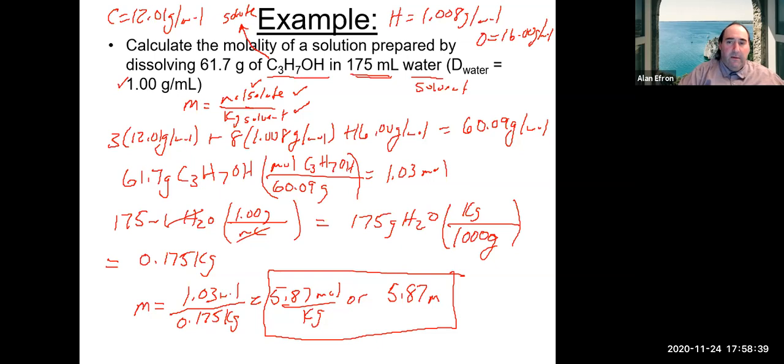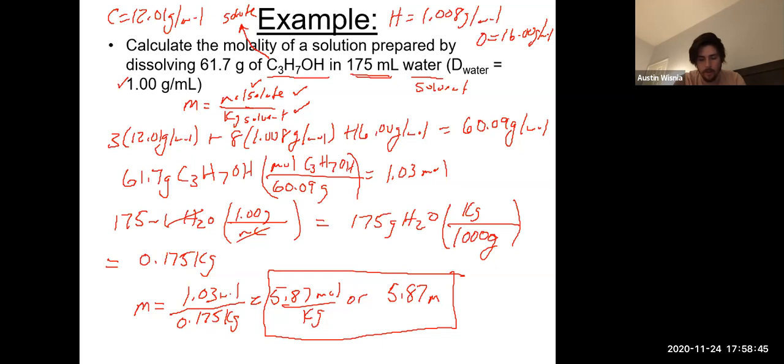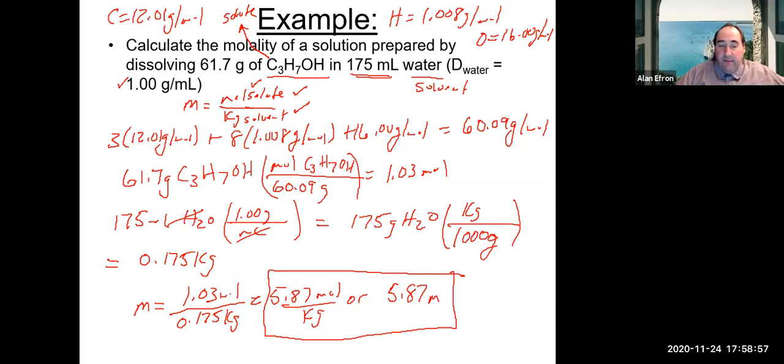Question on molality. Why do we not add the grams of the C3H7OH to the grams of water as the solvent? Yeah, so in this particular one, the molality is actually moles of solute over kilograms of just the solvent.